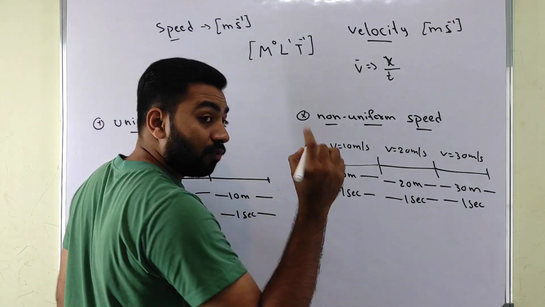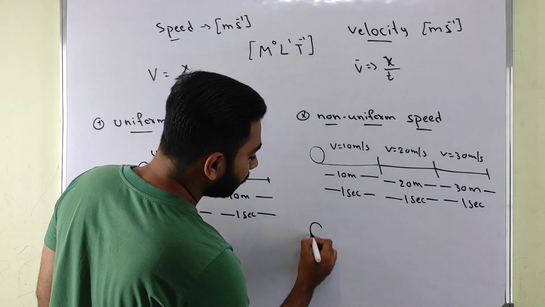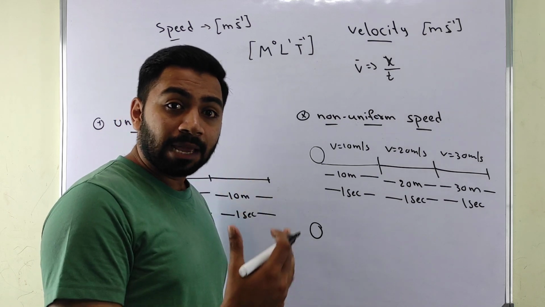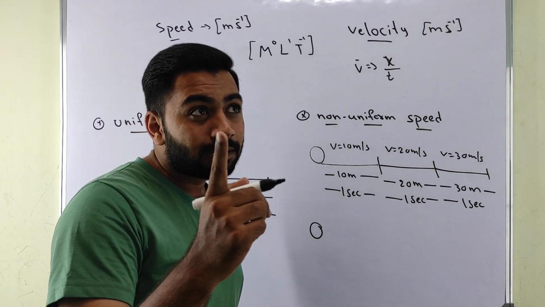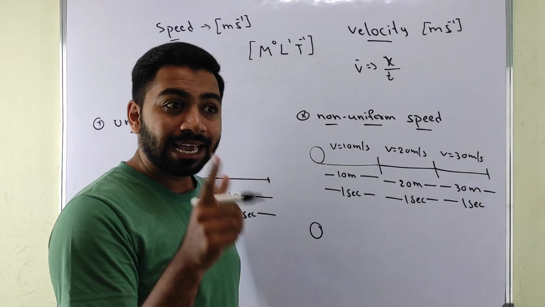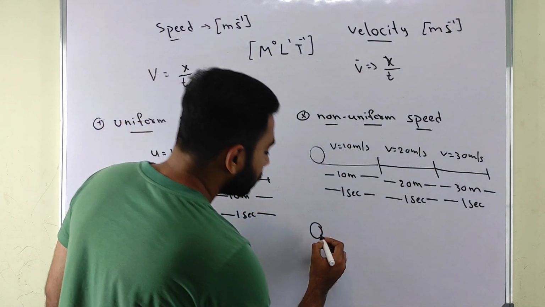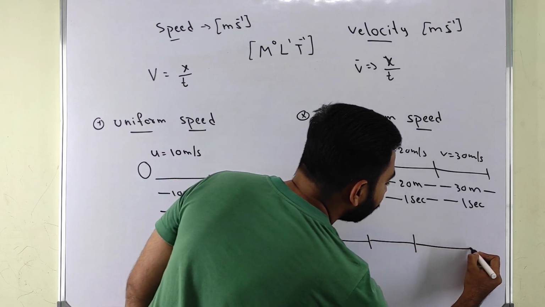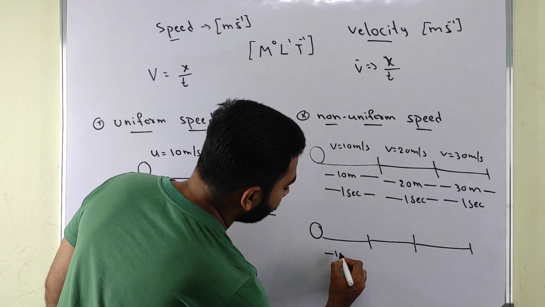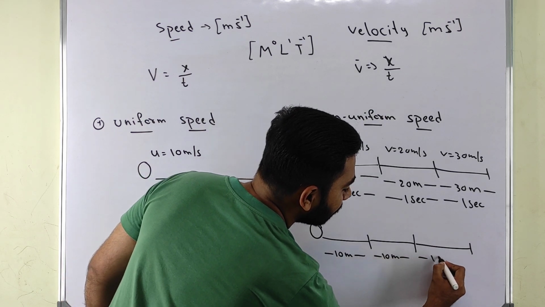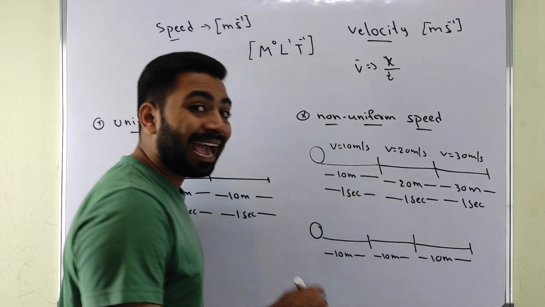Now similarly, for the next definition: a particle covering equal distance in unequal interval of time. For example, it covers 10 meters, 10 meters and 10 meters, but the time is different.